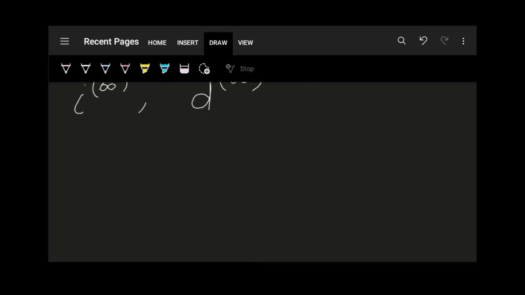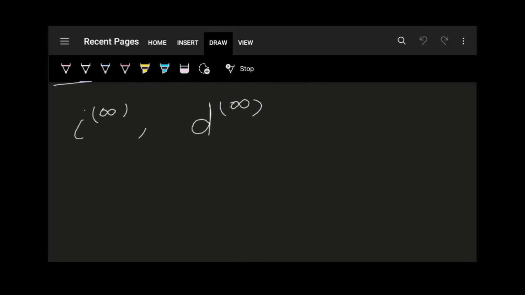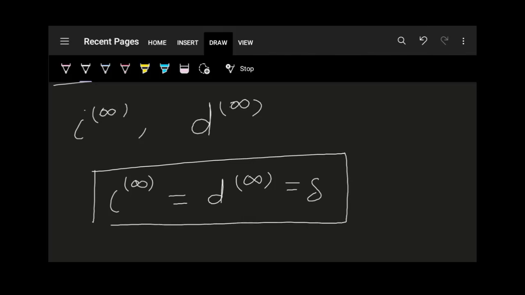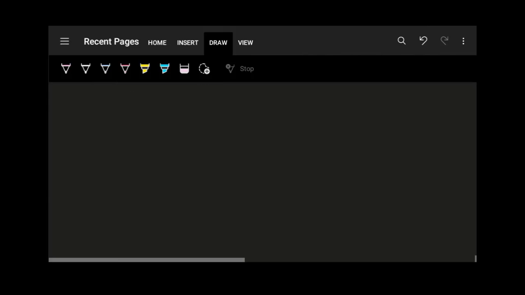You might find it quite surprising, but in actual terms this is nothing but delta. So when you are compounding continuously, i infinity or d infinity is just equal to delta.